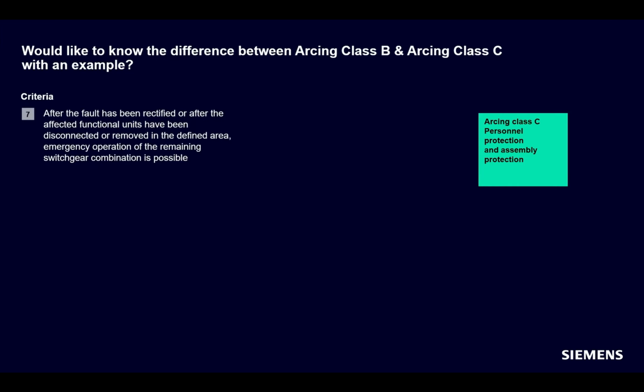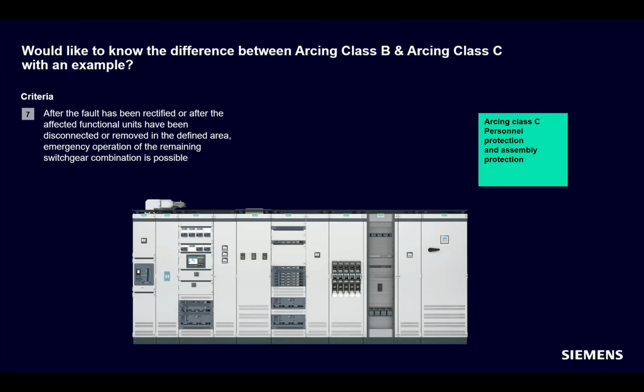The assembly must be designed in a way that an affected part can be removed. So the design must be in some way modular. For example, withdrawable design, where the affected unit would be removed and the rest is still working. Or an ACB section that, if affected, would be removed from the assembly.